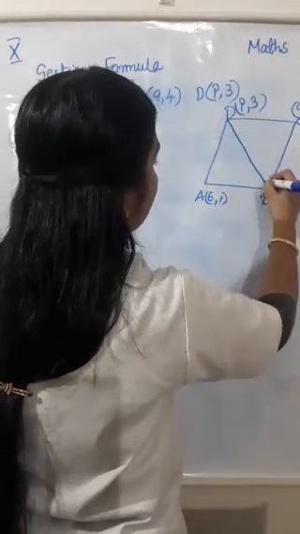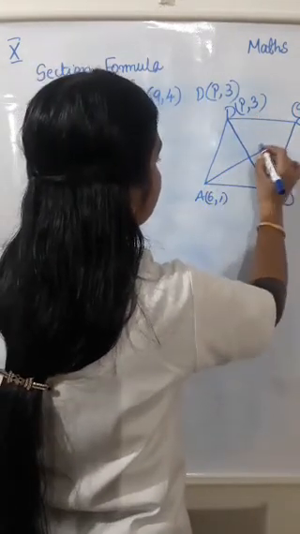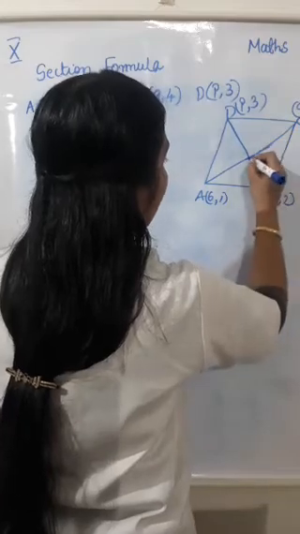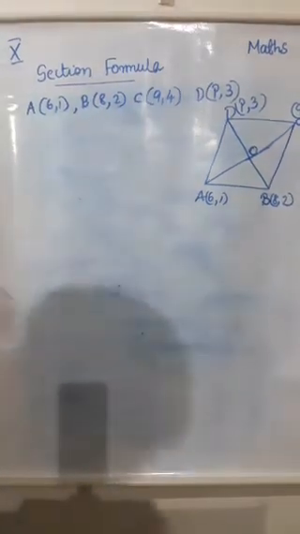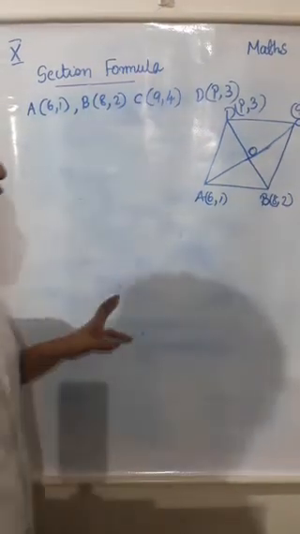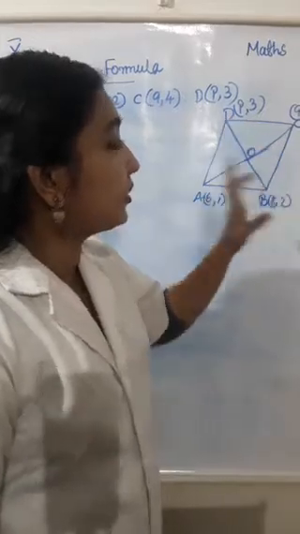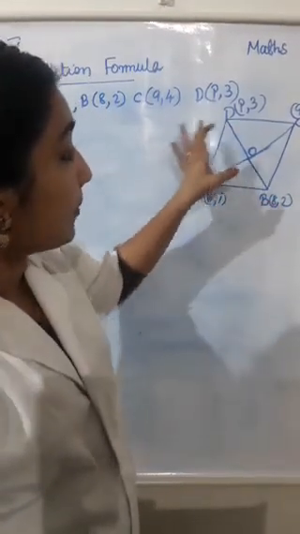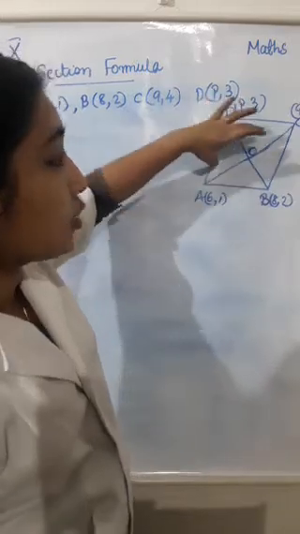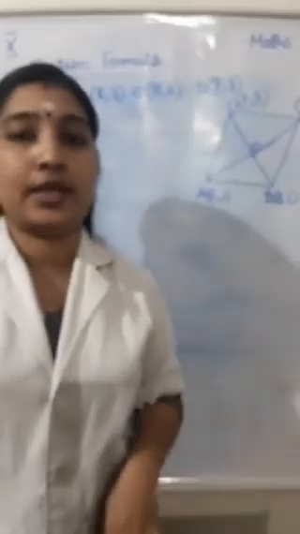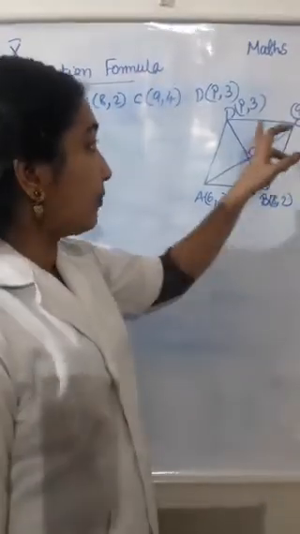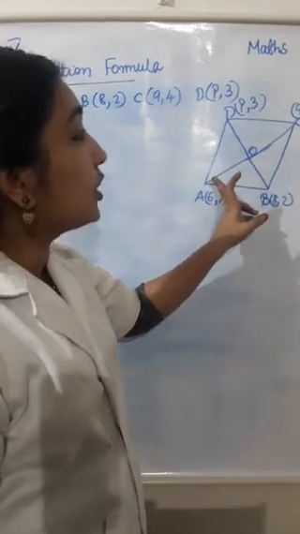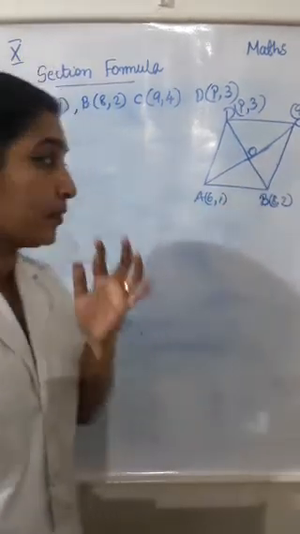Then draw the diagonals. The intersecting point is O. The point O is the midpoint of both AC and BD. So the midpoint of BD is equal to the midpoint of AC.